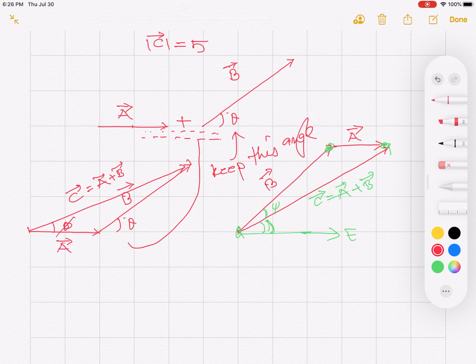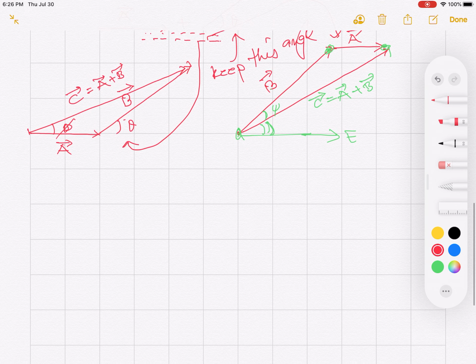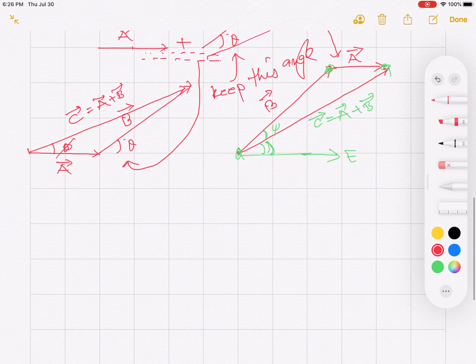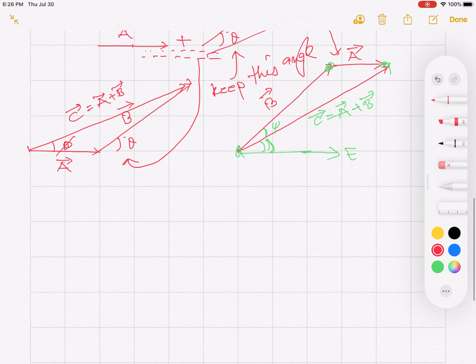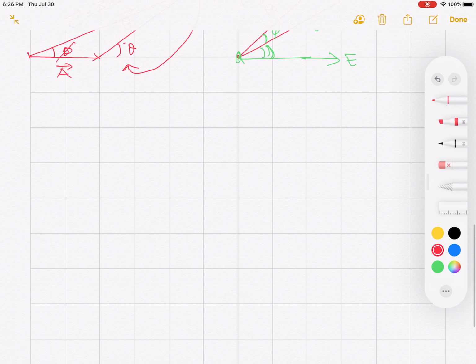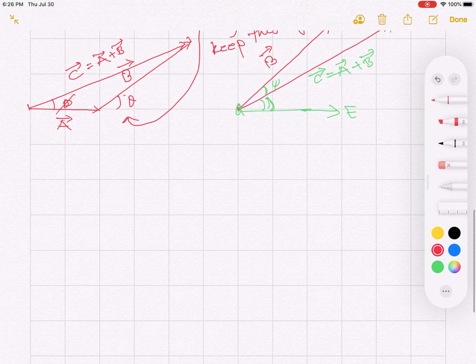So use the same thing here, or the same thing here, to add two vectors. So this is the graphical way.